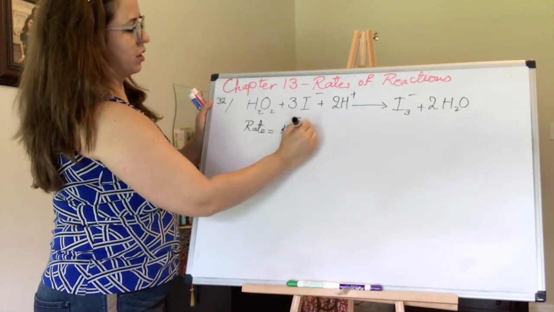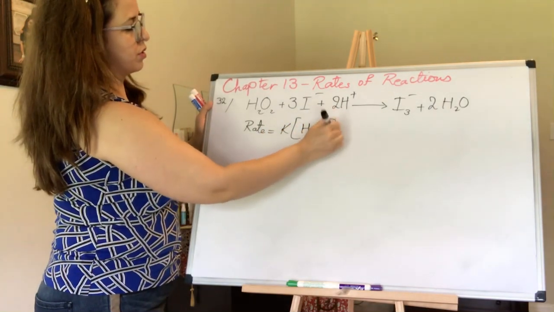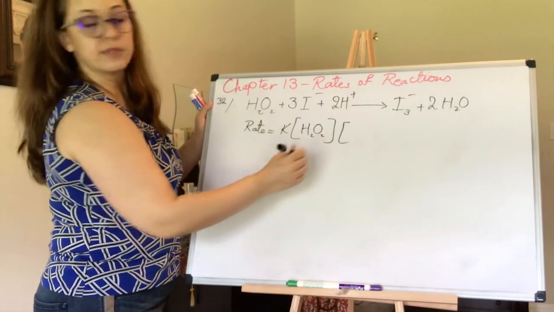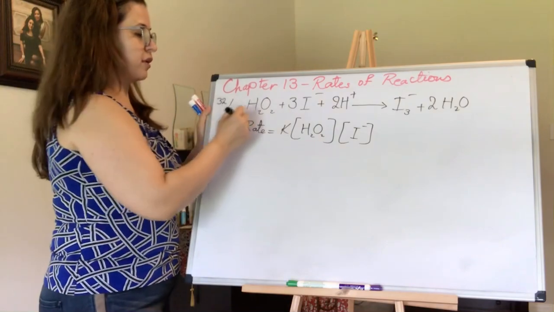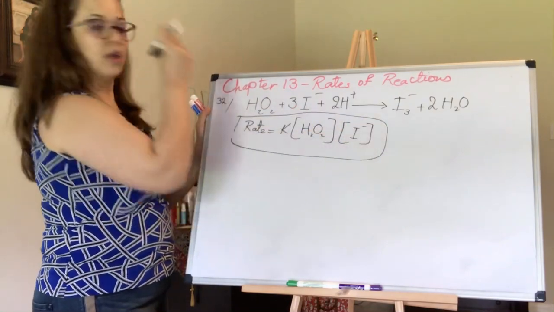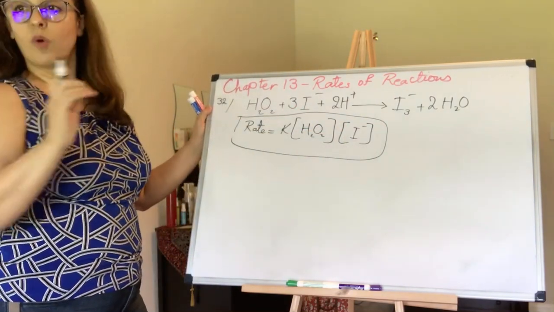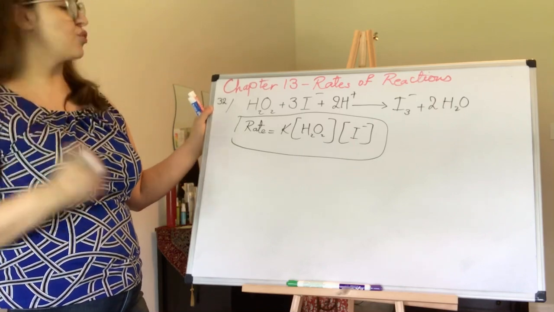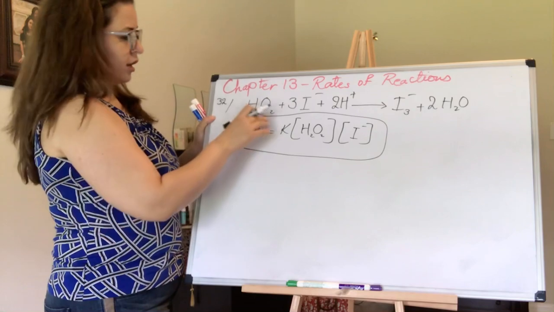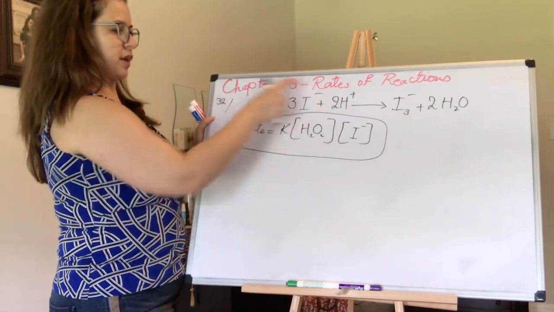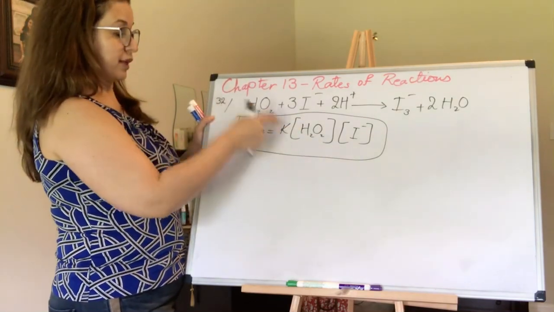And the rate law is given as k [H2O2] times [iodide]. So this is the given rate law. We are supposed to find the order of reaction with respect to each reactant and then the overall order. So let's just check the orders with the rate law.